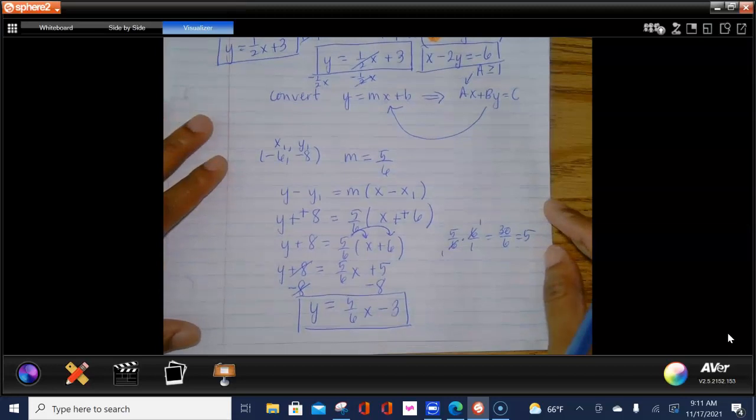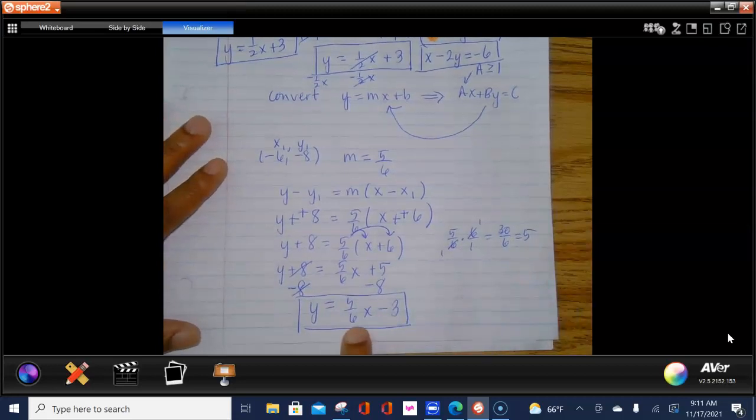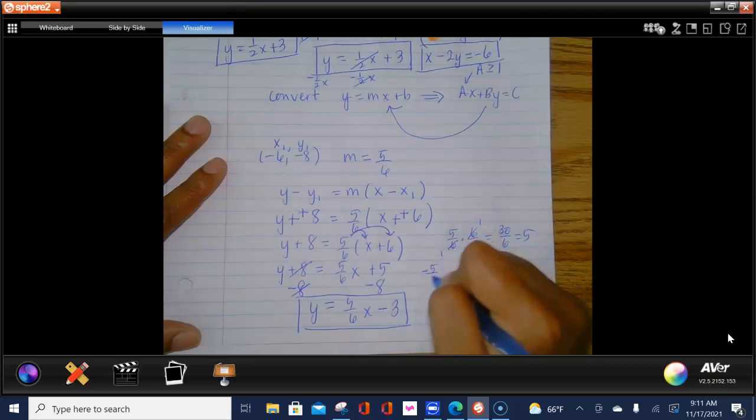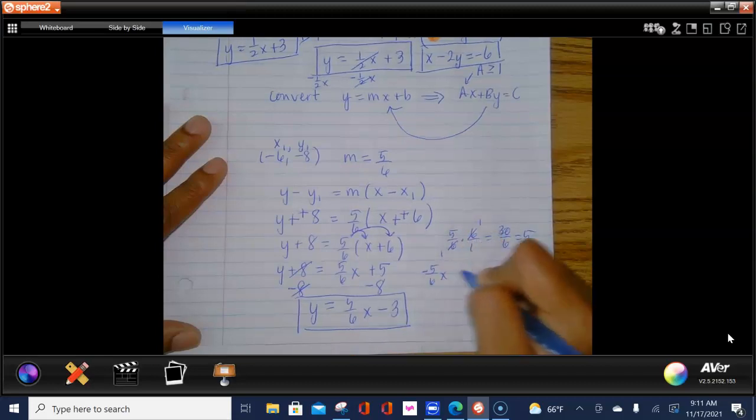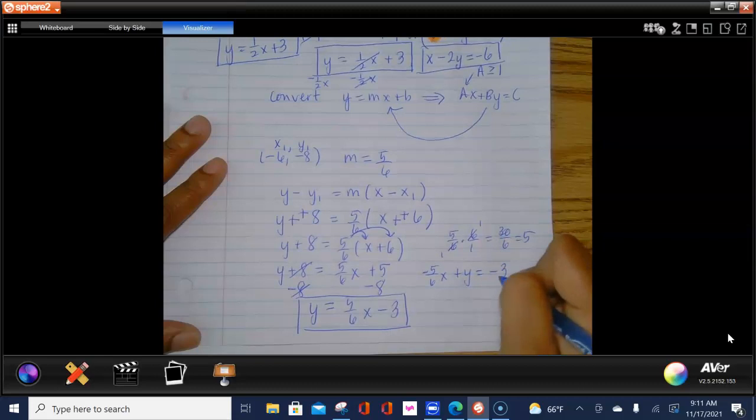Now, if you want it in standard form, I'm going to subtract the 5/6x and move it over to this side. I have to change the sign. It's a positive here, I'm going to change it to a negative. So when I move that 5/6x on the left side, I end up with this.